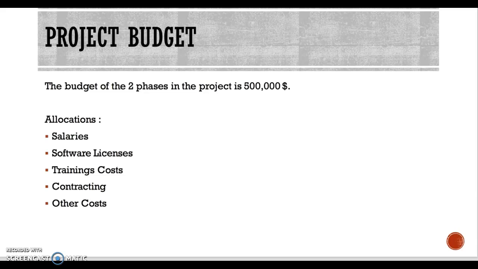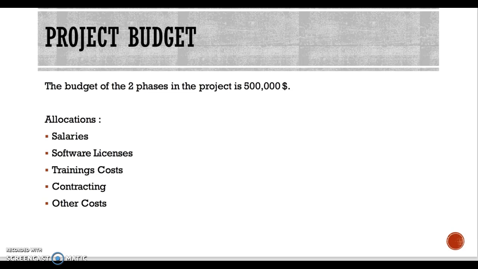And the fourth one is the contracting. Contracting is like, we hire some contractors who will help our project team to complete the project. And the last one is the other costs. Other costs is the unknown costs, which will be estimated as like 10% of the project budget.